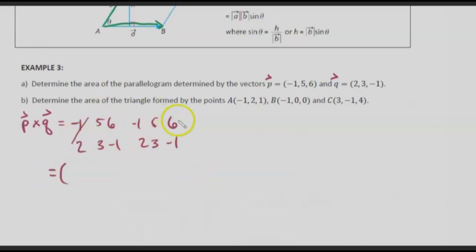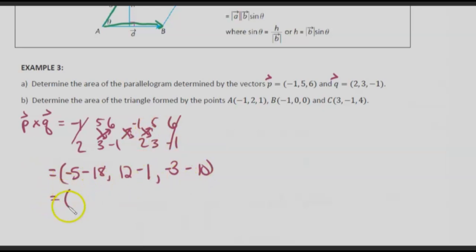Ignoring the front and the back, we go 5 times -1, which is -5, minus 3 times 6, which is 18. Now, 6 times 2, which is 12, minus -1 times -1, which is 1. Then -1 times 3 is -3, minus 2 times 5, which is 10. So we get the vector -23, 11, -13.